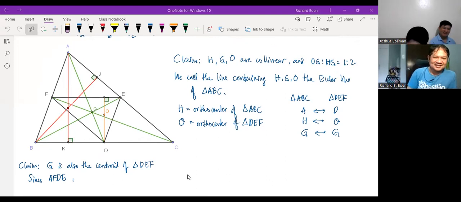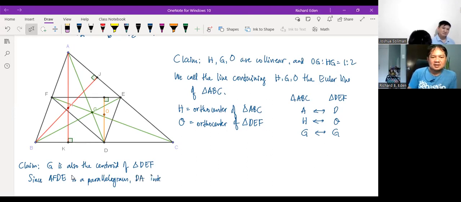G is also the centroid of DEF, because, note that, since AFDE is a parallelogram, DA intersects EF at its midpoint.